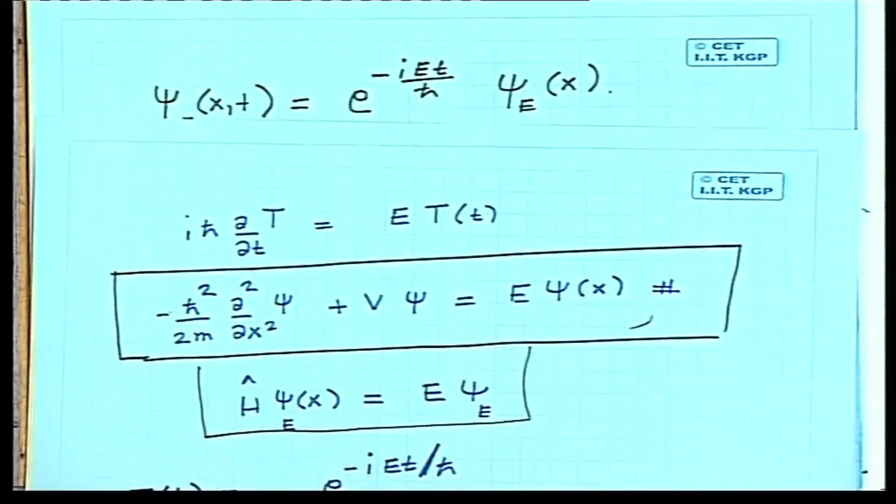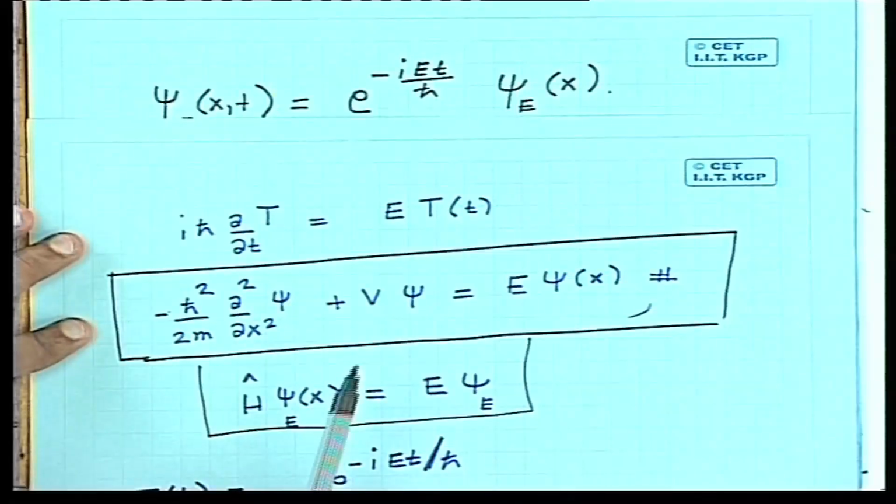And in many elementary applications of quantum mechanics, in many elementary courses where only time independent situations are dealt with, this is often called the Schrodinger equation. This equation or this equation is often referred to as the Schrodinger equation instead of the time dependent partial differential equation.